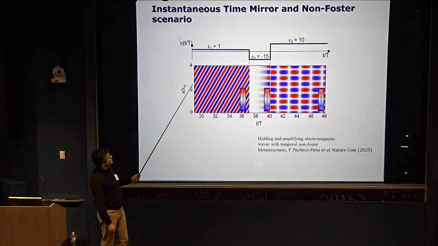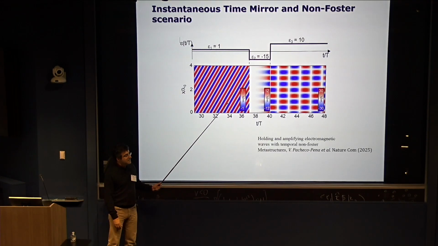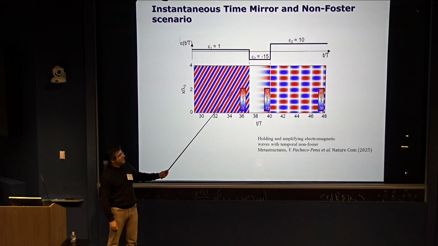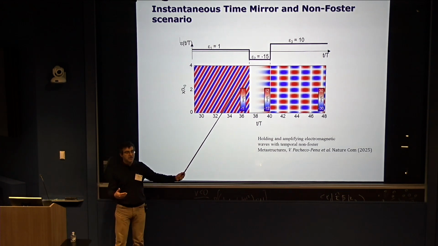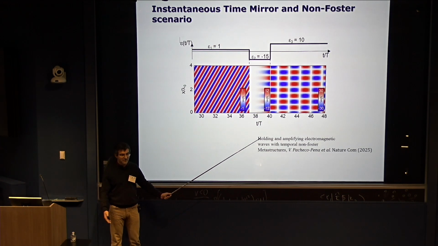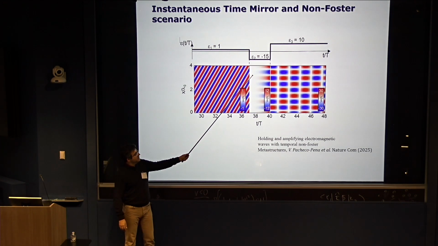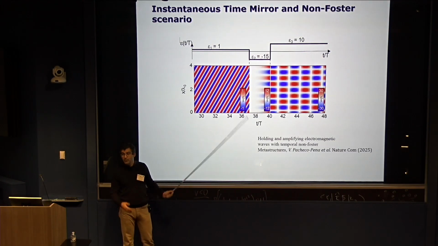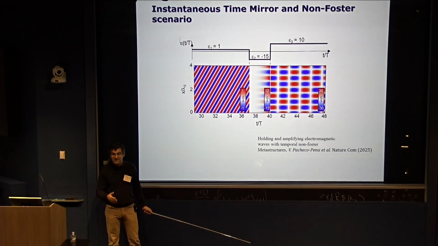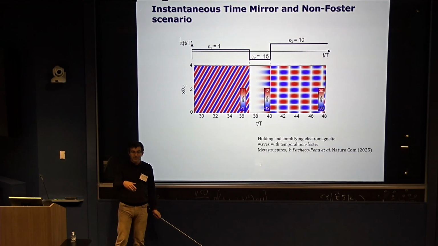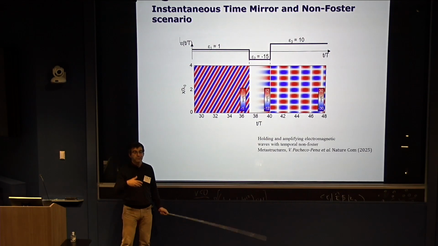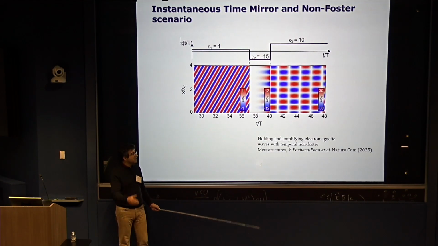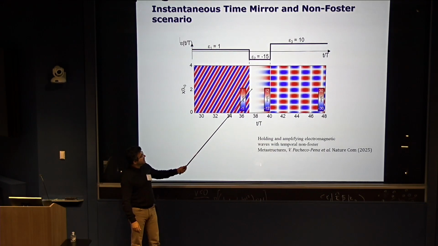And this is the non-Foster scenario, where you have waves propagating at positive permittivity, and then suddenly you decide to go to negative permittivity. And here the waves are not propagating anymore. So instead of the classical sinusoidal, propagative solution, now you've got an exponentially increasing solution that is frozen in this part.